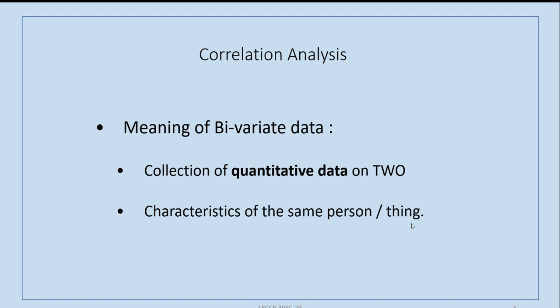Any two things taking is called bivariate, and which has the characters. The two things should have the characteristics of the person or thing or anything. There should be some common characteristic so that we can establish some relationship.